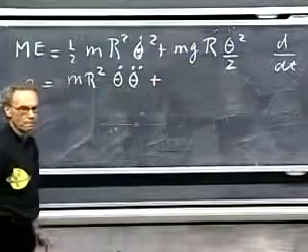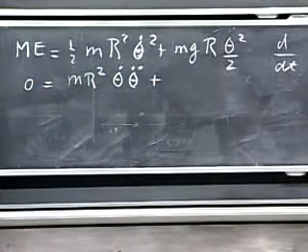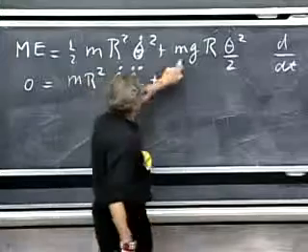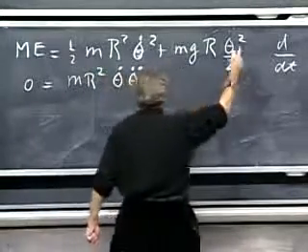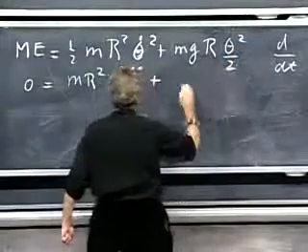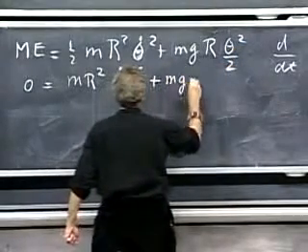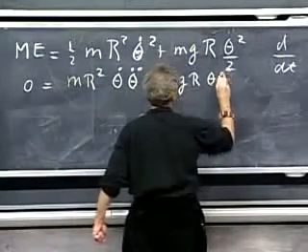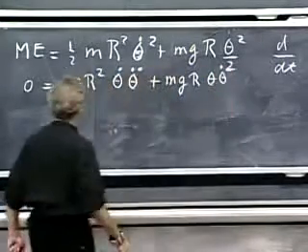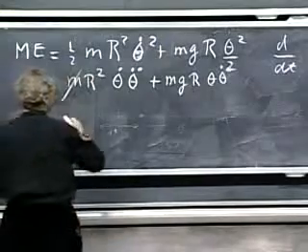Excuse me? Anything wrong? I don't think so. Thank you. So, I have to take the derivative of this one. The 2 flips out, which eats up this 2. So I get mgr, and then I get a theta, but the chain rule gives me a theta dot. I lose my m.